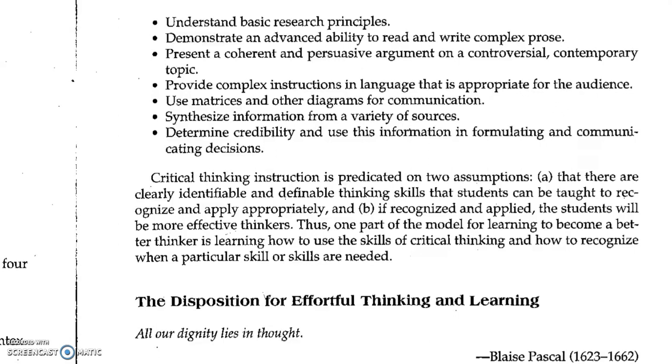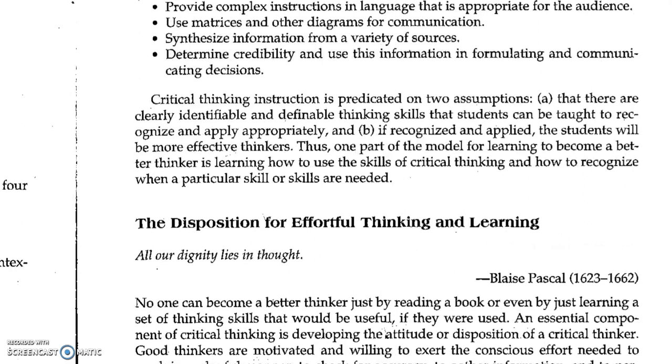So one part of the model for learning to become a critical thinker is how to use the skills, and how to recognize when the skills are needed. So the first model is recognizing the skills, and then how to use the skills in critical thinking, and how to recognize the skill that we need to develop.